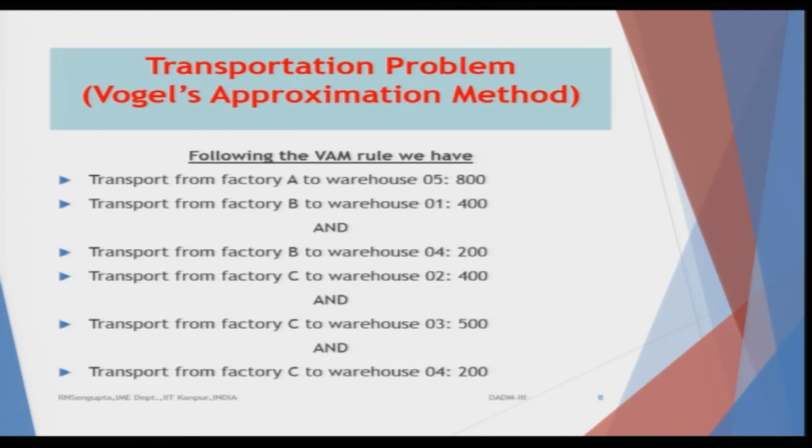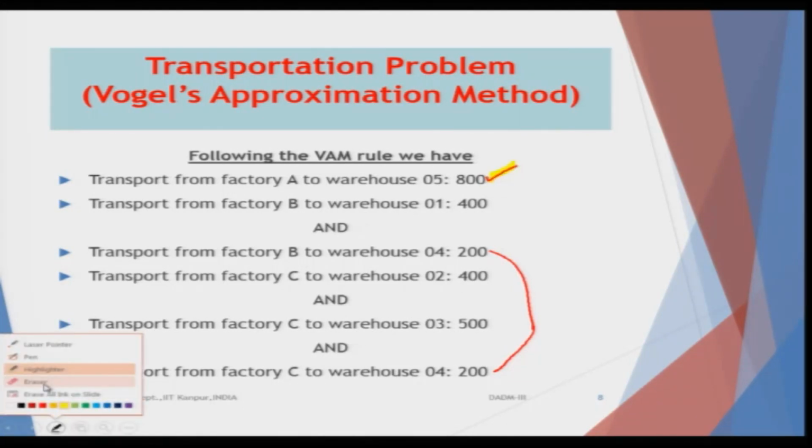In this way, from the last allocation from the C origin, you give a quantum of 400 to the second destination, 300 to the third destination, and 200 to the fourth destination. And 5 has already been exhausted.